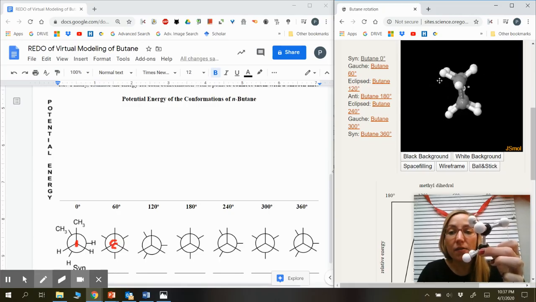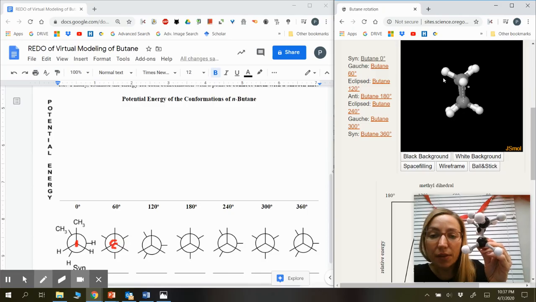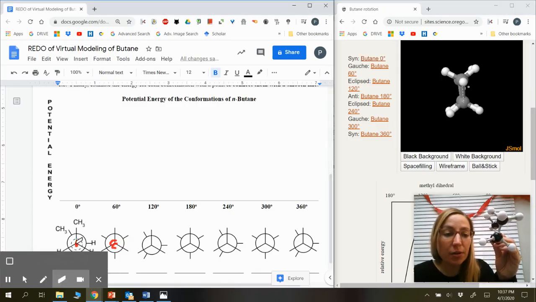So up here where everything is eclipsed. So we've got all this eclipsing of those methyl groups in this syn eclipsed conformation. And so I've drawn that example here for you. Let me just erase. I've drawn that example here for you where I've put in these 2 methyl groups.